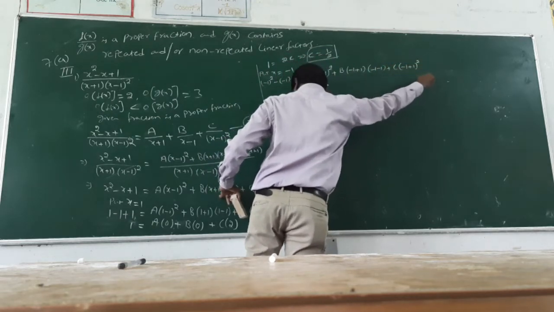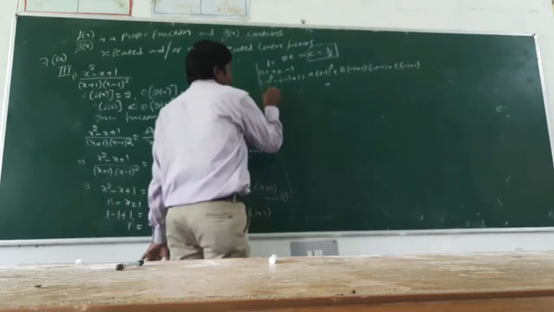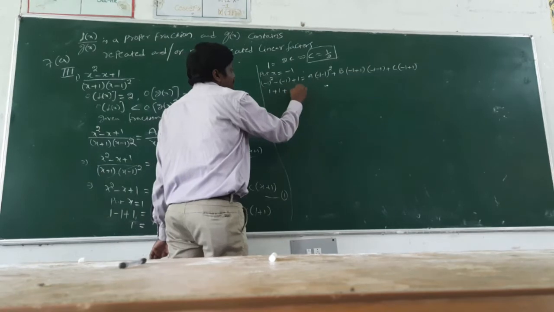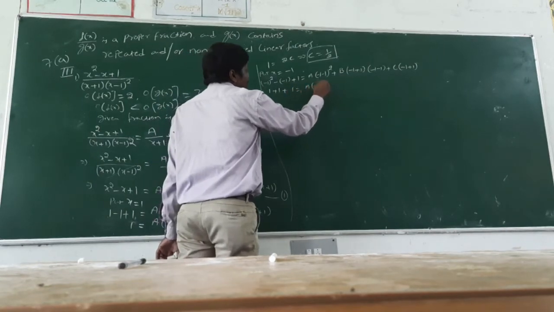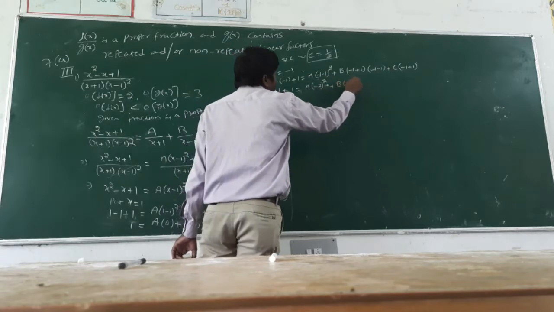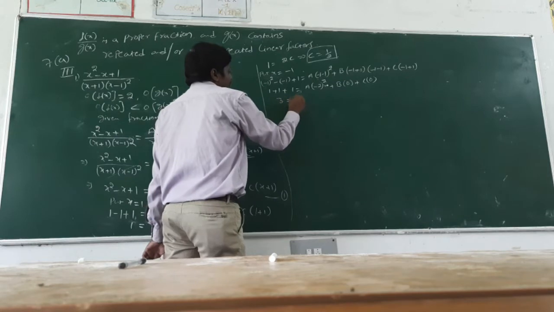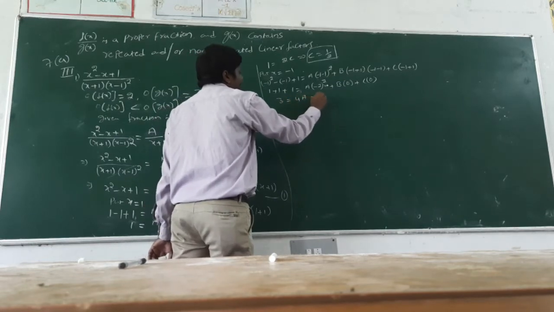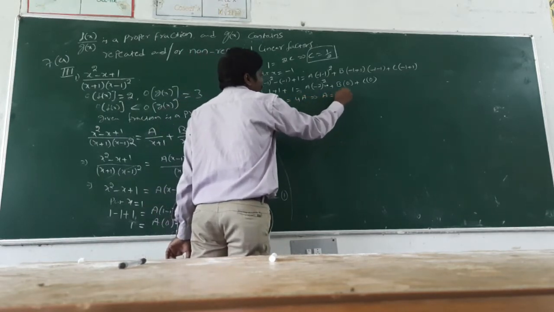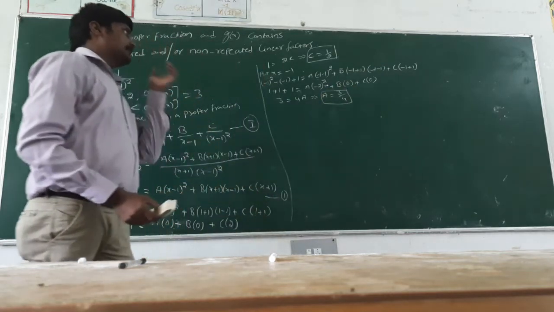Here the value is 1 plus 1 plus 1 is equal to a of (minus 2) whole square plus b of 0 plus c of 0. That implies 3 is equal to 4a, so a is equal to 3 by 4.